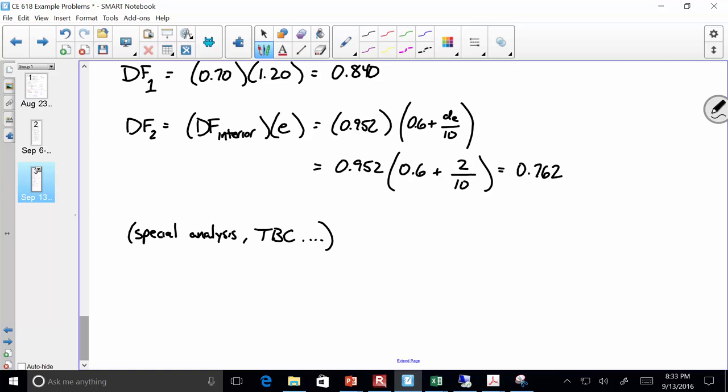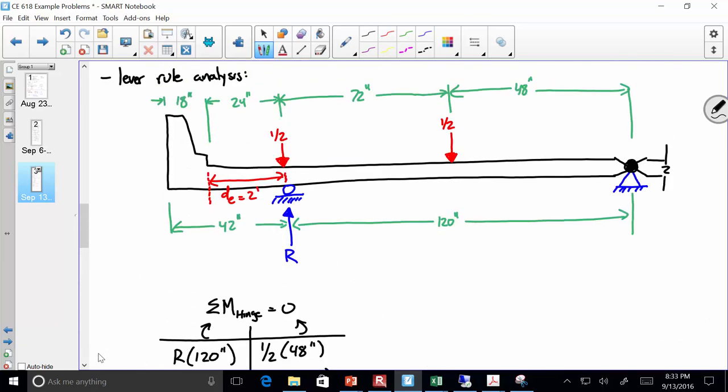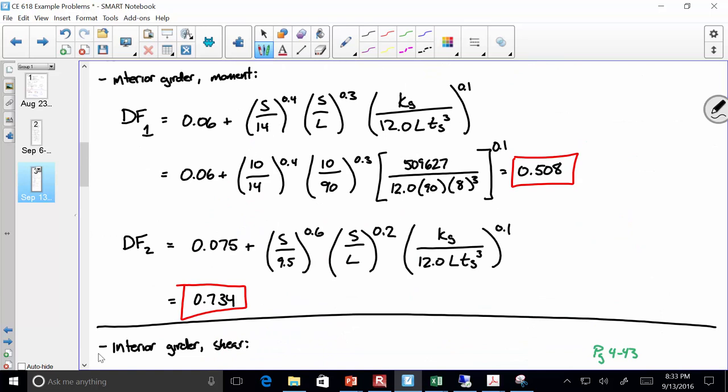Now all of these calcs, every single one of them, has been for the positive bending region. When we do the negative bending region, the only thing that changes is kg. Everything else is the same. So all that's going to affect are 3 values. It's going to affect interior girder moment, so it's going to affect the 0.508 and the 0.734.